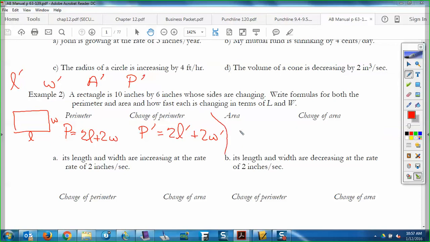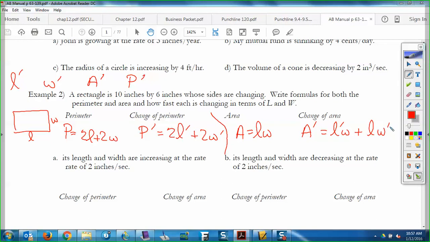Okay, what is the area of the rectangle? L times W. Area equals L times W. So what's a change in area? That'd be A prime. That'd be what? It's not L prime W prime, right?